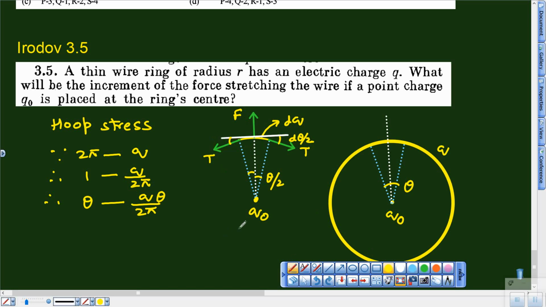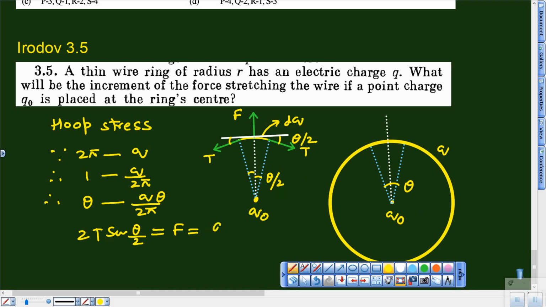Thus, let me undo the unwanted drawings. You can see that, sorry, I called it theta, not d theta. I called it theta by 2. So the downward component would be T sine theta by 2, T sine theta by 2. So thus 2T sine theta by 2 would be F, which is what?